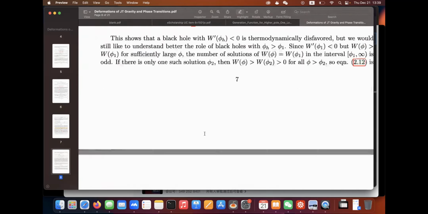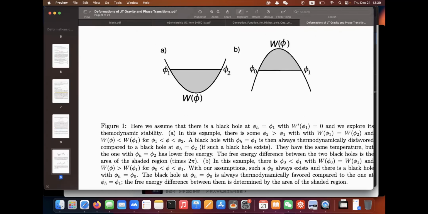Anyway, you can just plot the figure for W of phi. Then we assume that phi zero is a candidate position for the black hole's horizon.